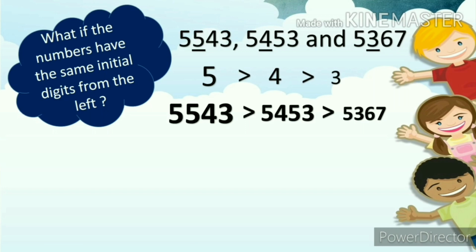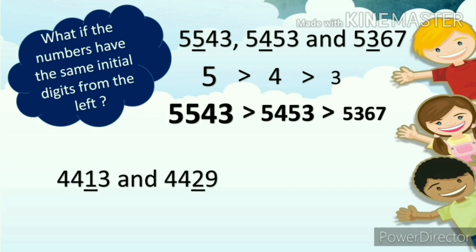Now, in cases if the second digit from the left is also the same, what then? Then move on and compare the third digit. Such as in the second example, we can see that both the initial and the second digits from the left are 4. So, we'll compare the third digit, that is 1, in 4413 and 2 in 4429.